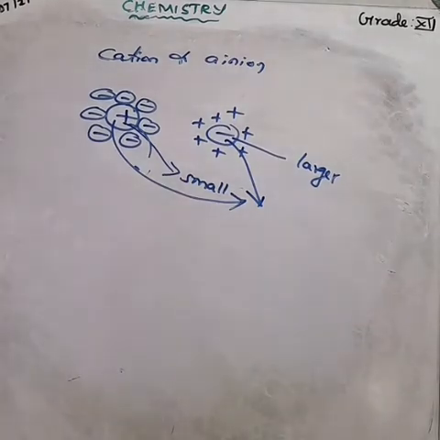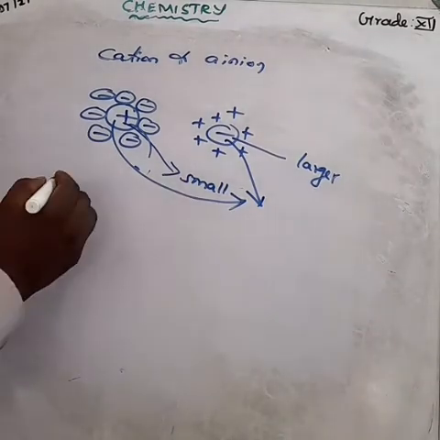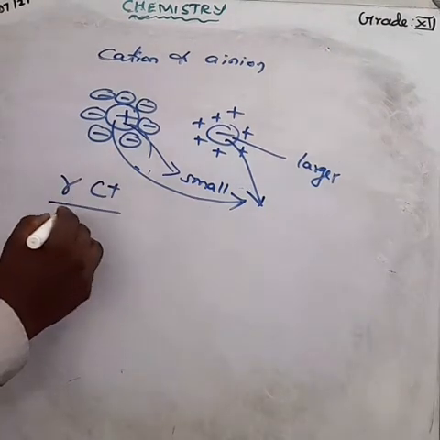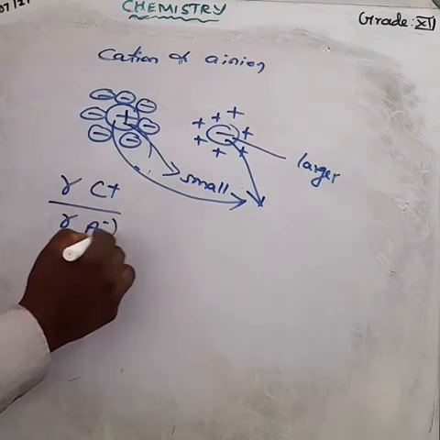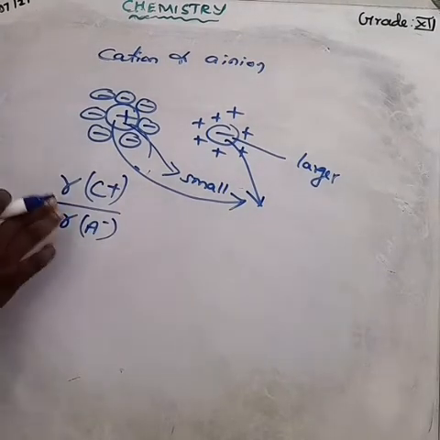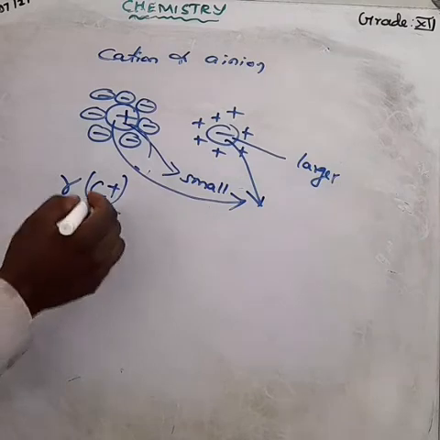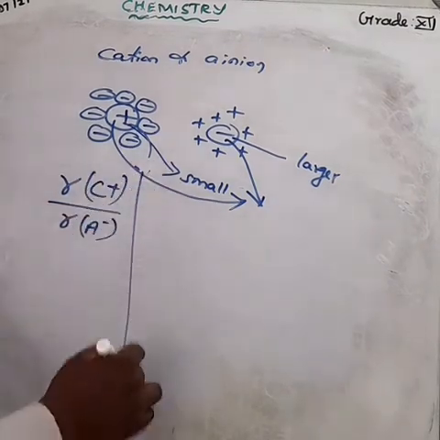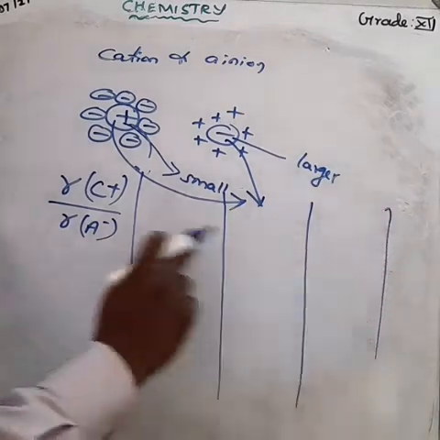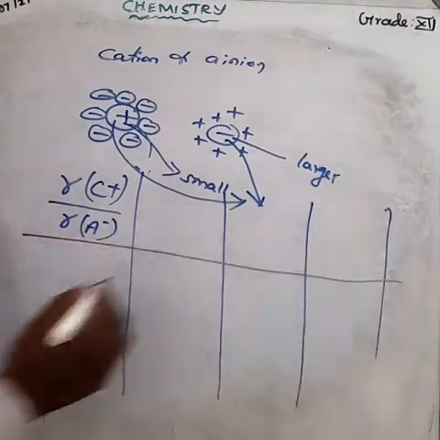One of the important formulas is the ratio of the radius of cation and anion, Rc by Ra. There are a number of formulas for calculating this, but our textbook has only this one: the radius of cation divided by the radius of the anion. It plays an important role in determining the structure.